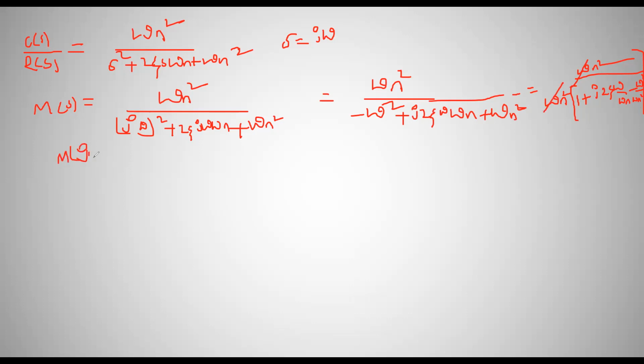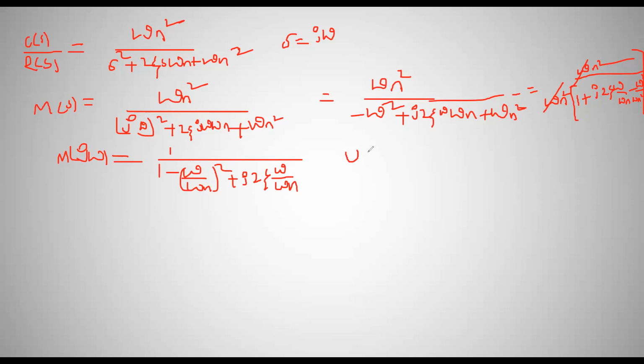M of j omega is equal to 1 by 1 minus (omega by omega n) whole square plus j into 2 zeta omega by omega n. Take the normalized frequency u equal to omega by omega n.